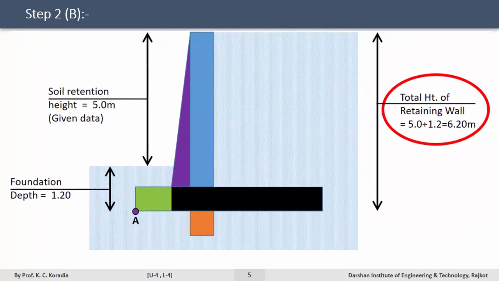This is also shown in our figure. Here, the total height of retaining wall will be equal to soil retention height, that is 5 meter, plus foundation depth, that is 1.2 meter. Addition of these two gives out to be 6.2 meter.